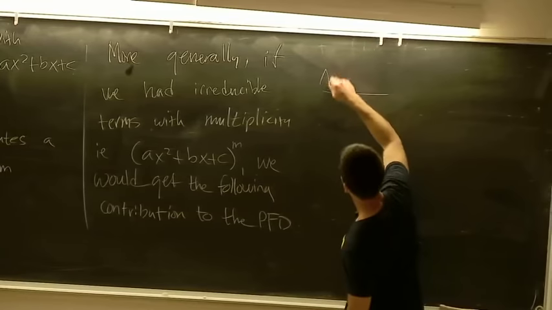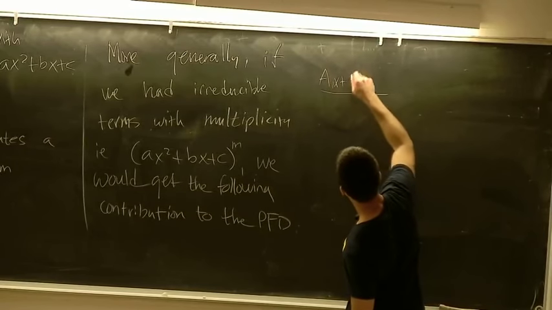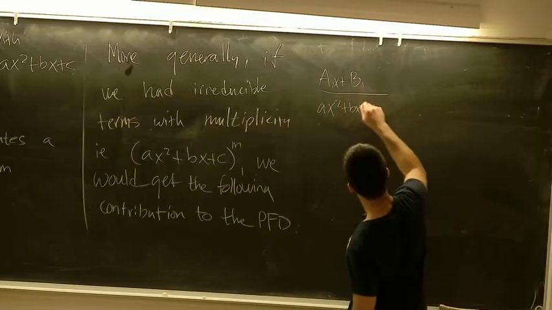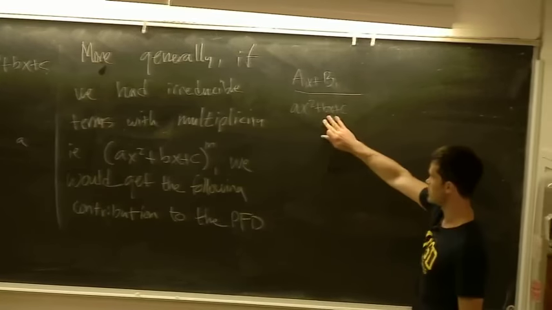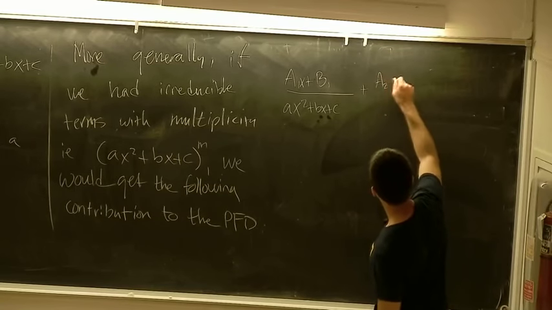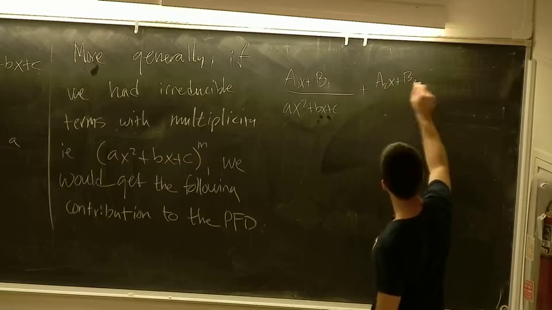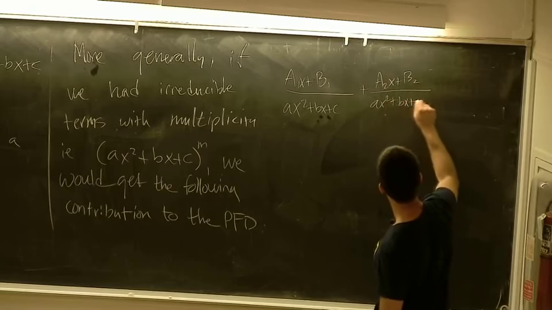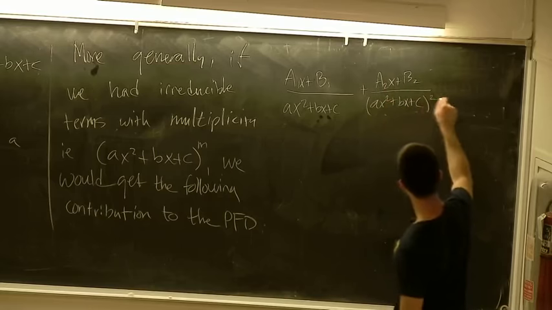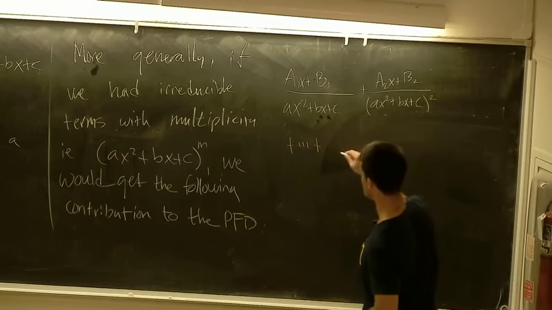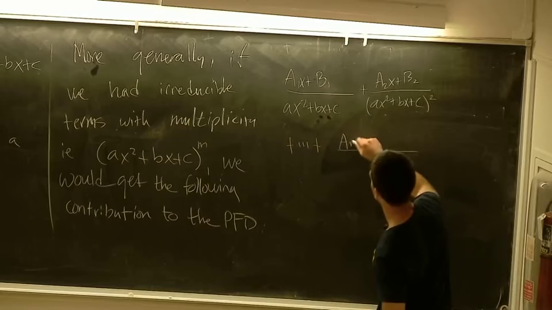So we'll have a1x plus b1 over it to the first power. We'll have, let's say, a2x plus b2 over this to the second power. And maybe you can see the pattern now. We'll have m of these.